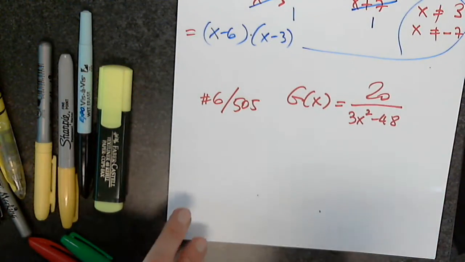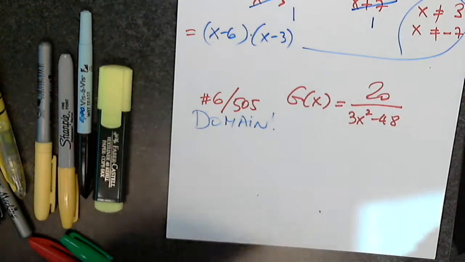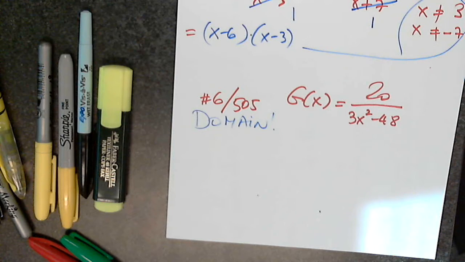Good. For this function, we're asked to find domain. So let's find the domain for function g of x equals 20 divided by 3x squared minus 48.